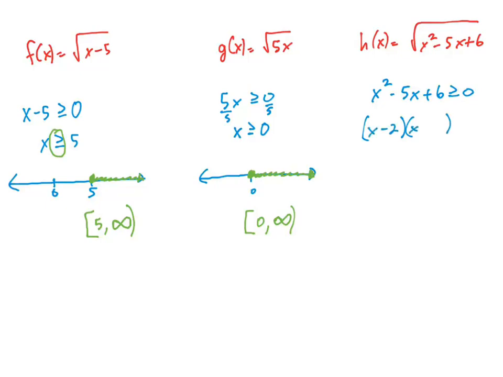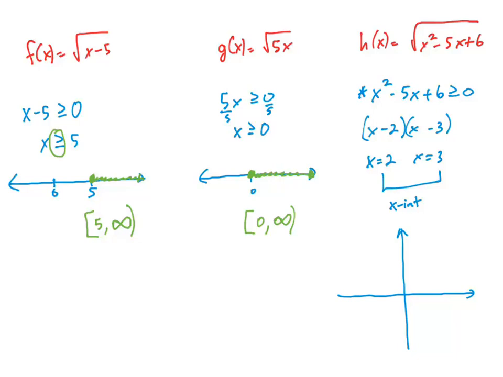I get x minus 2, x minus 3. So what that means is x equals 2, x equals 3. These values are going to be x-intercepts for the graph. So if I think about what this graph looks like, x squared minus 5x plus 6, this is a parabola. It's opening upward because I have x squared.